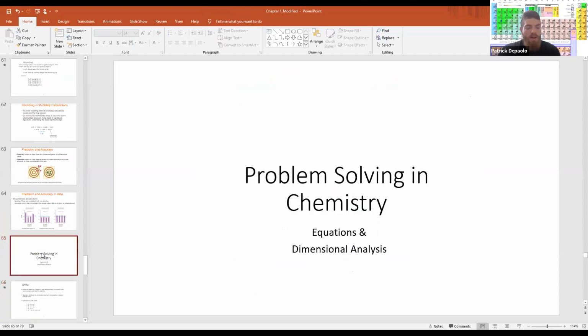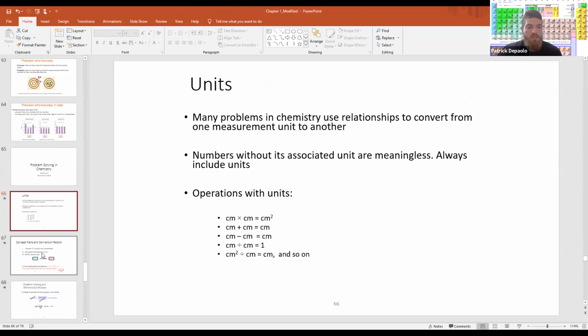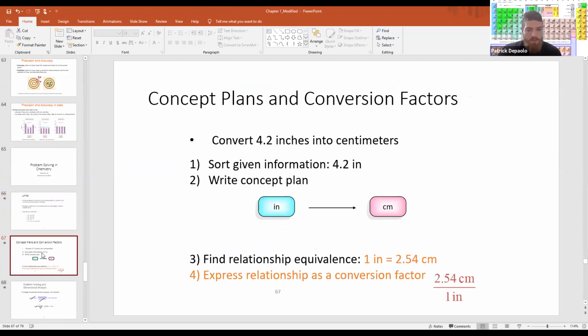The last part and probably the toughest part of the chapter is going to be unit conversion. So for unit conversion, we are using conversion factors to convert from one unit to another, or using multiple conversion factors to do that. So let's just cut to the chase with an example.